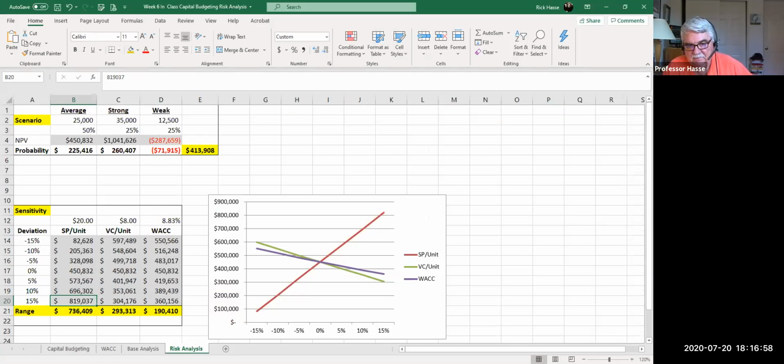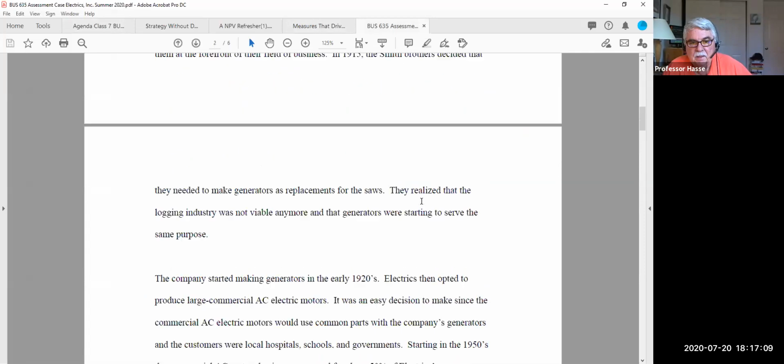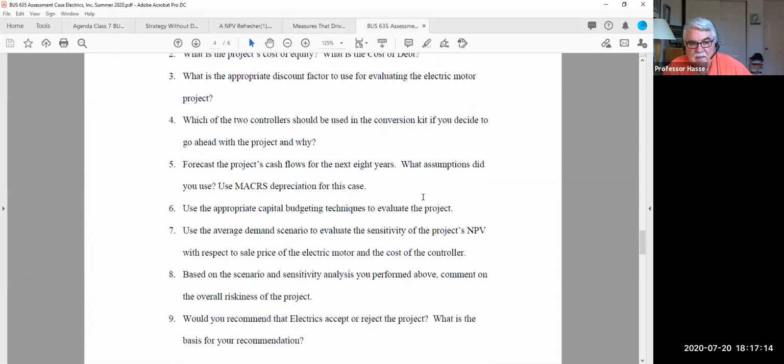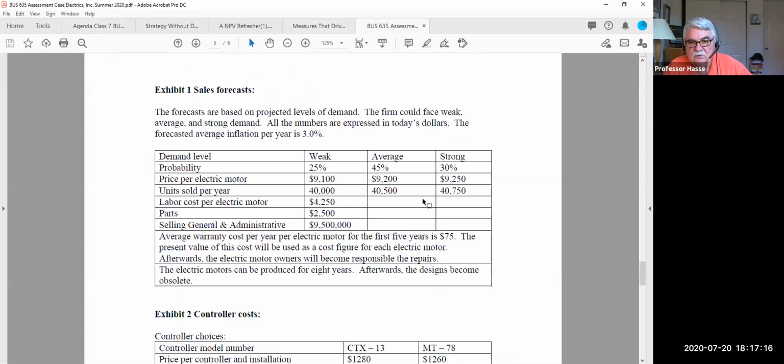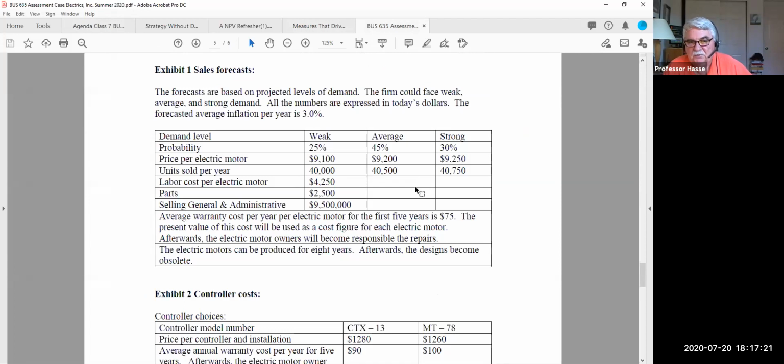In the electrics case, you're doing the same thing. Here it is here. I hope most of you have read this. It's a two-prong attack. You're doing a spreadsheet analysis of determining profitability, beginning with the average base case scenario.